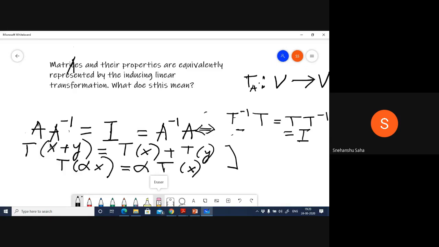Now, with careful inspection, if I take my function as T of x square, will the first property be satisfied?